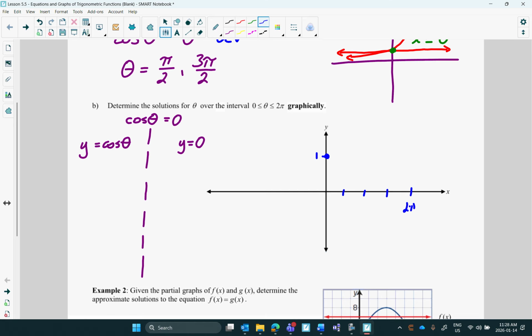What's the value of the first notch? Pi over 2, good, because you divide by 4. Do I want to put any other notch on the y-axis? 1, -1, 0. So here, and then down.